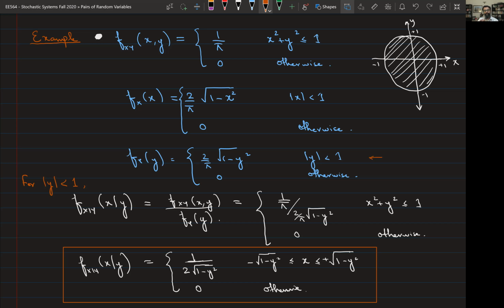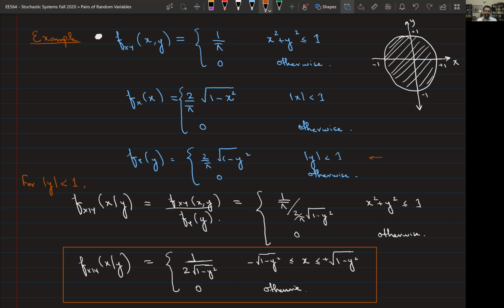Given that you've made the observation of what y is, say you saw that a robot had a y coordinate equal to, let's say, 0.5, and I don't know what x is, can you figure out for me what distribution x would follow? This is in some sense Bayesian inference as well. Given y, can you make a guess about what x is, or what its statistics are?